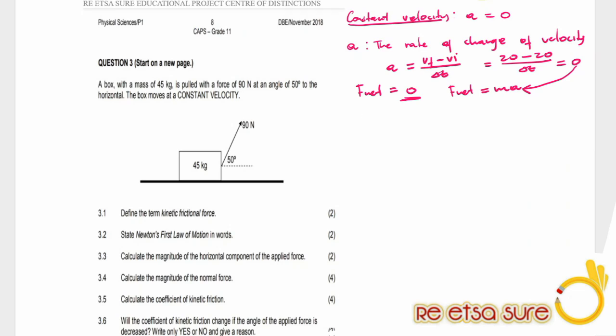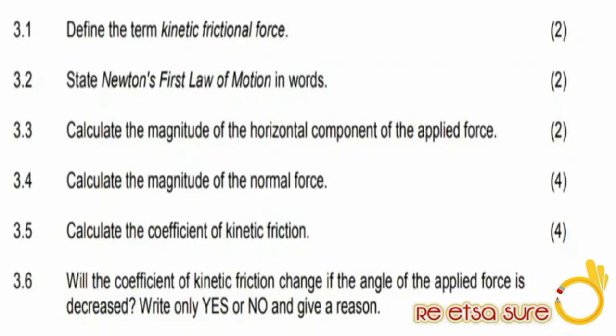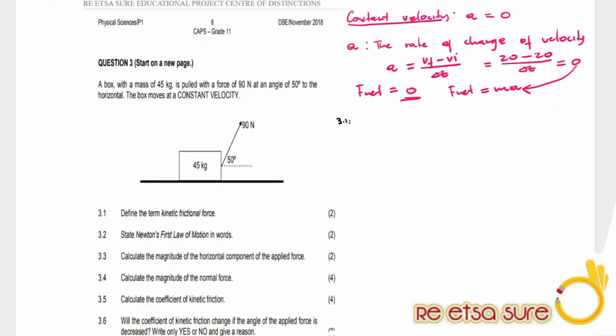So now for 3.1, define the term kinetic frictional force. Remember that frictional force is divided into two. We have kinetic frictional force, and then we also have static frictional force.